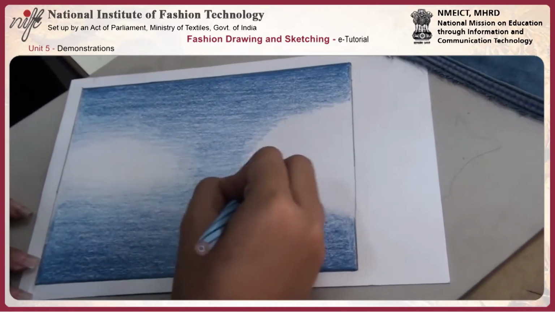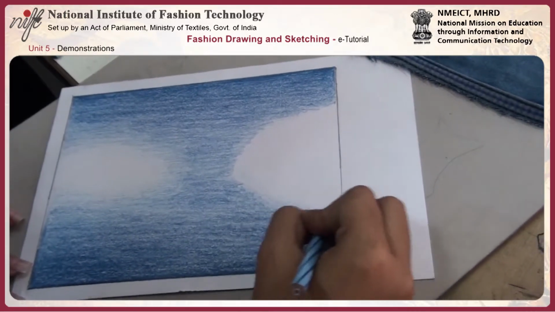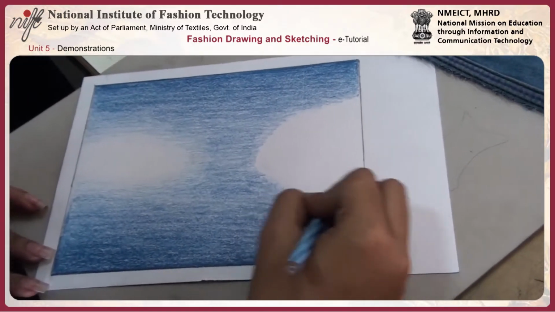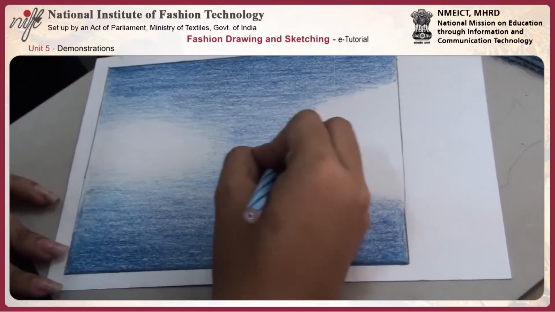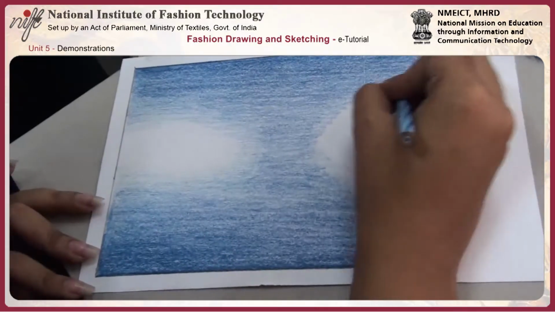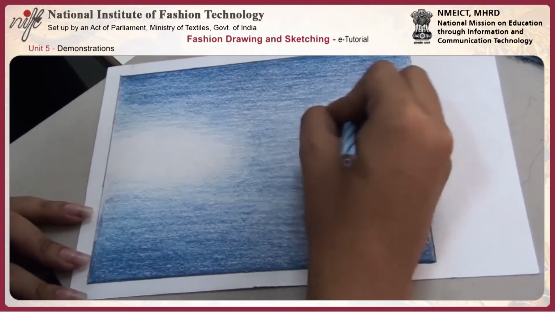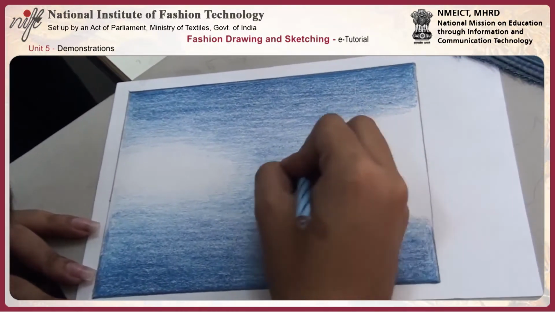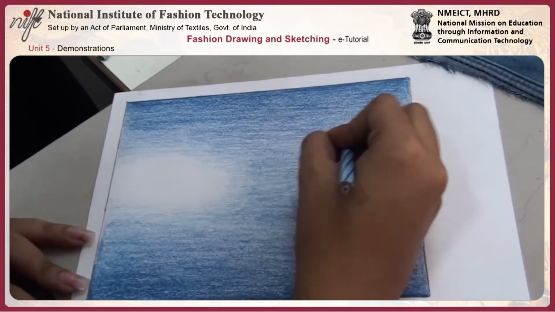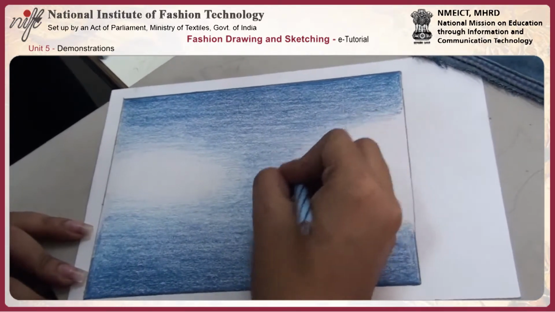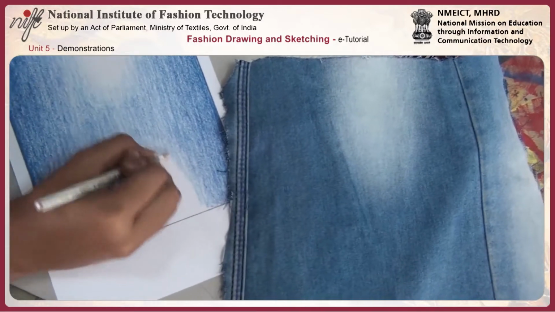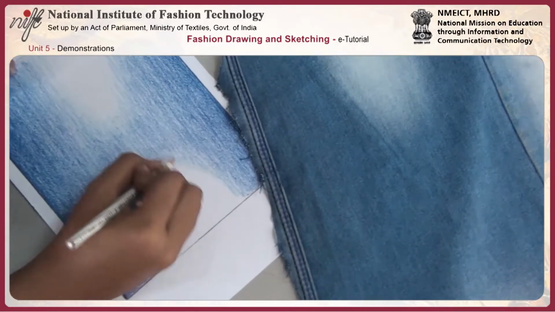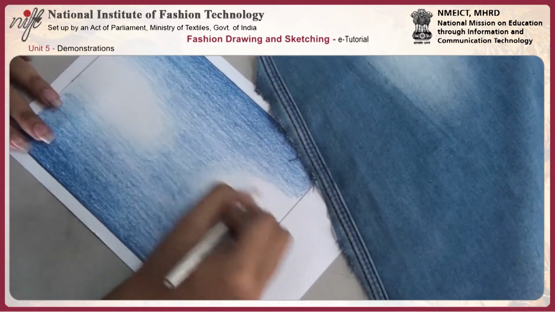Here the illustrator can be seen rendering denim fabric, which has twill weave and is indigo in color.